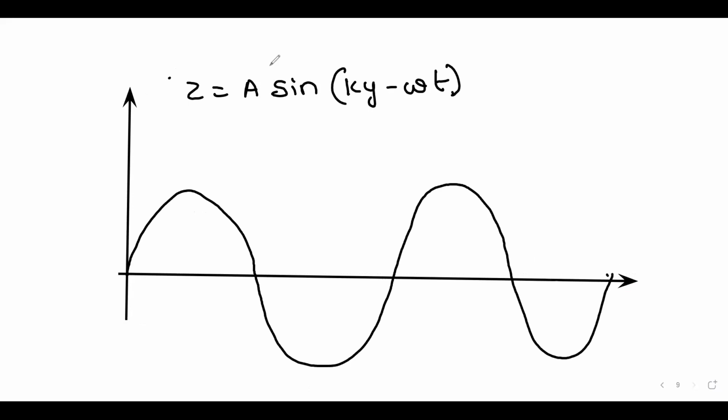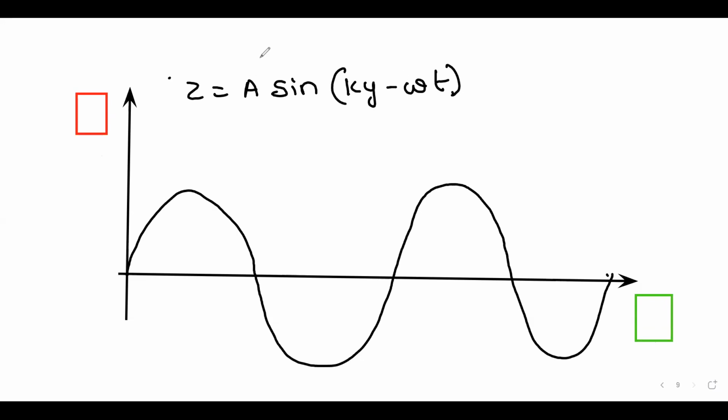So what should I write in red color box? Should I write X, Y, or Z? Y axis. All right.